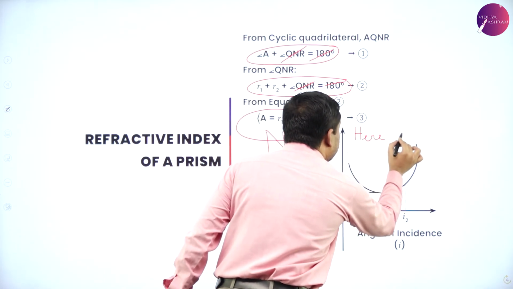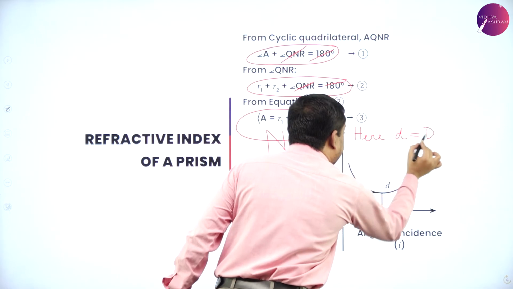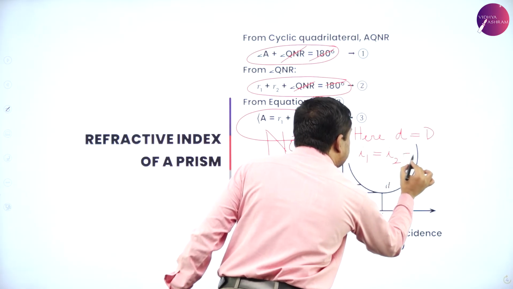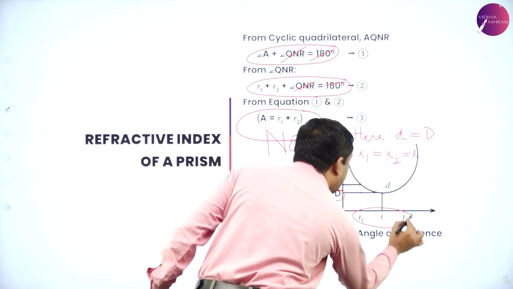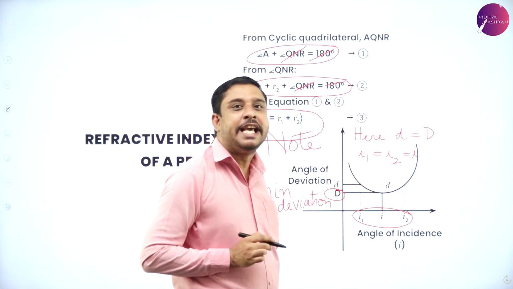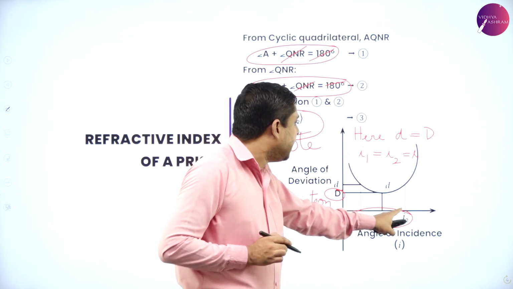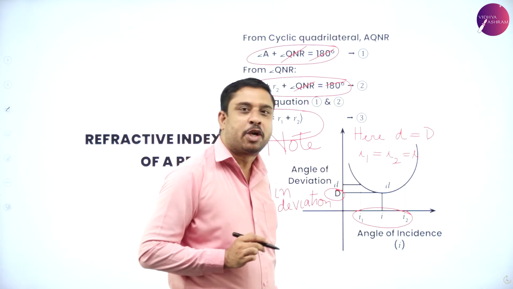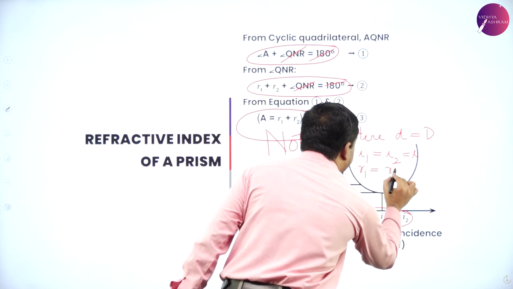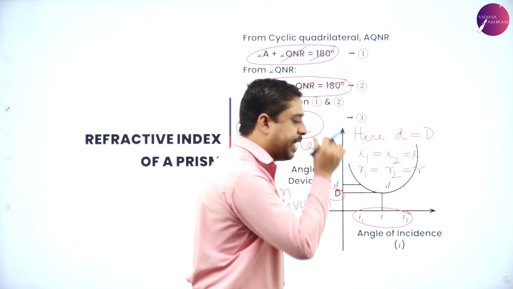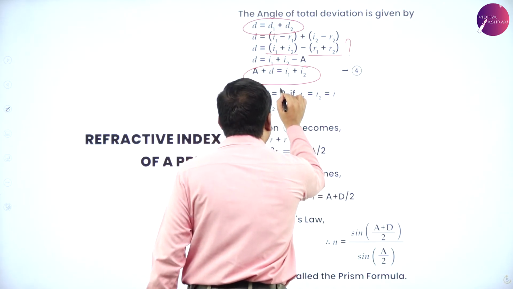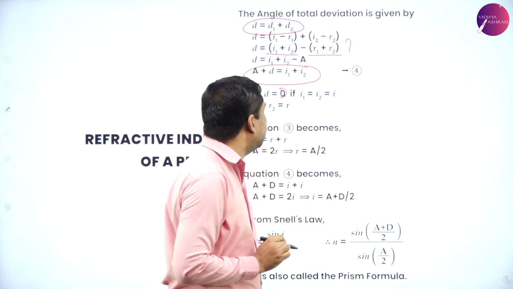Here, small d is equal to capital D if I1 equals I2 is equal to I. Capital D becomes equal to small d when I1 equals I2 equals I, which also means R1 equals R2 equals R. Therefore, here small d is equal to capital D.